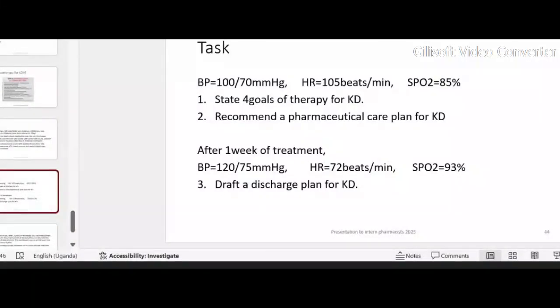Well, that blood pressure is actually normal. What's important in a patient with decompensation like ours is not necessarily the blood pressure, but whether your patient is warm and dry.